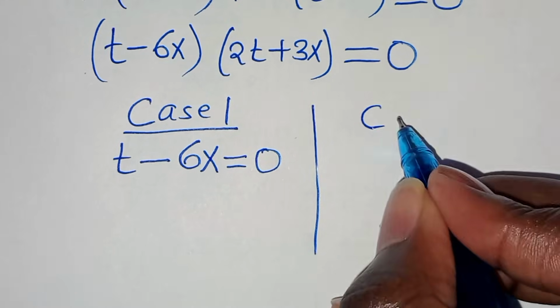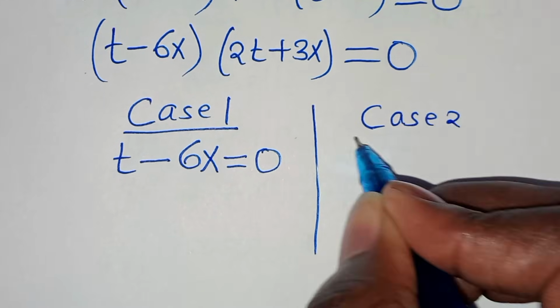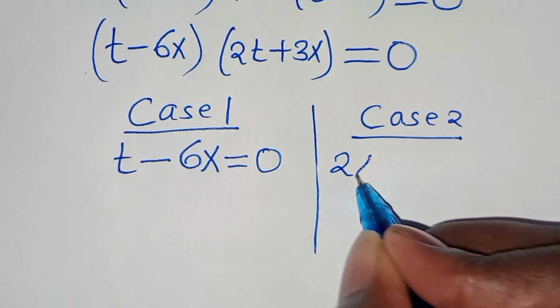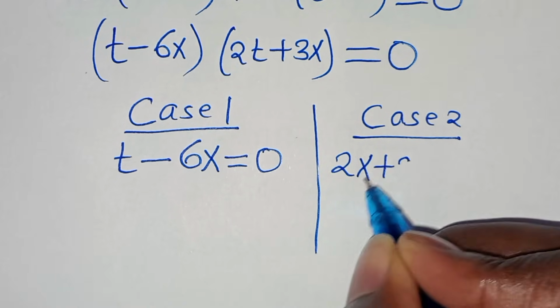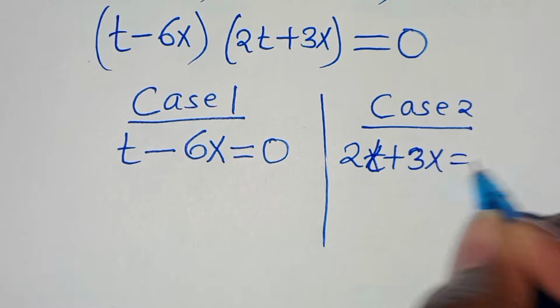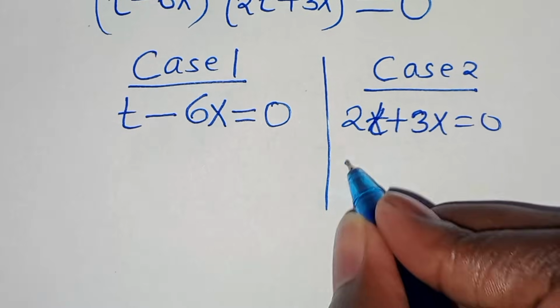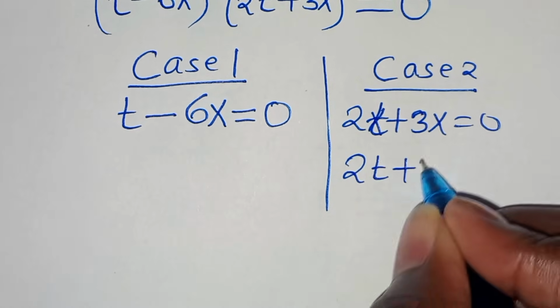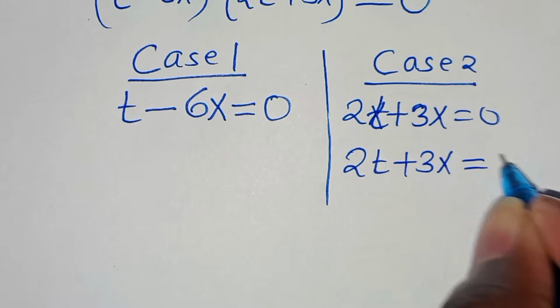And in case 2, we have 2t plus 3x equal to 0.